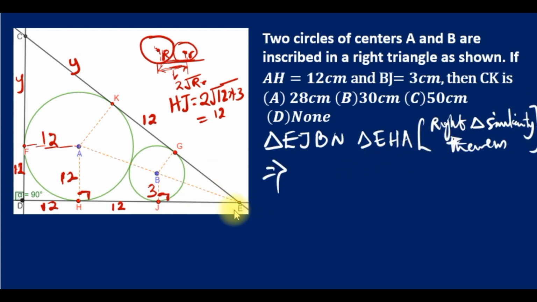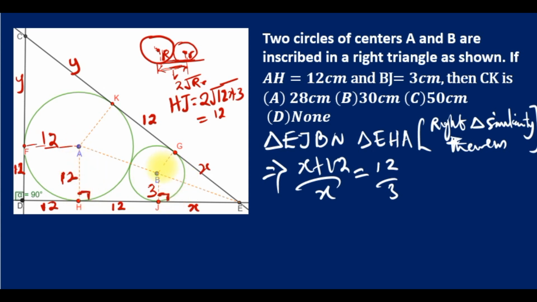Let's call EJ X. So here is also X. Since the two triangles are similar, X plus 12 over X, that is, this side of the bigger triangle, HE, corresponds to JE, must be equal to 12 over 3.